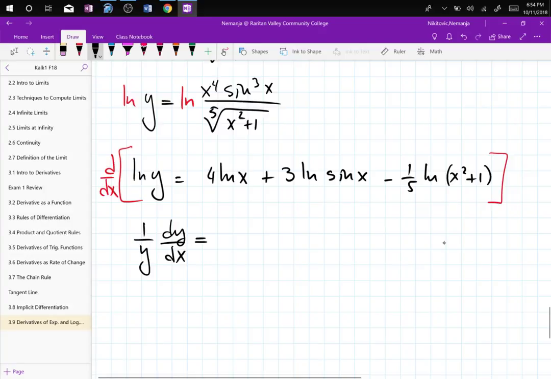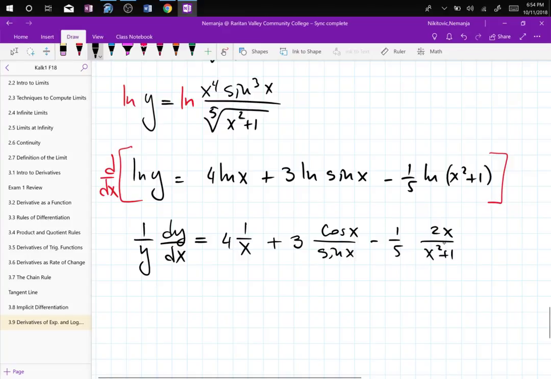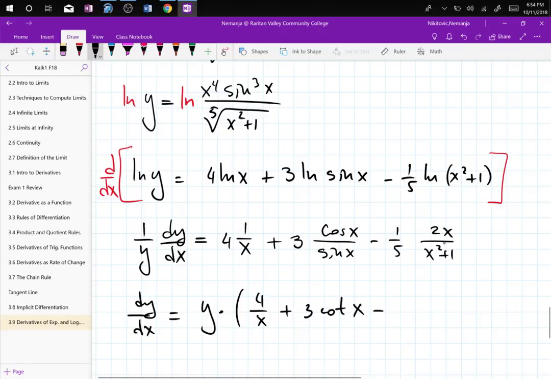Now what are my derivatives here? 4 times 1 over x plus 3 times sine x in denominator, cosine x on top, minus 1/5 x squared plus 1 in denominator, 2x on top. So now dy dx is equal to y times, and we have 4 over x plus 3 cotangent x minus 2/5 x over x squared plus 1.